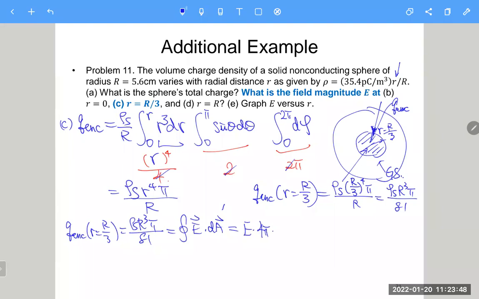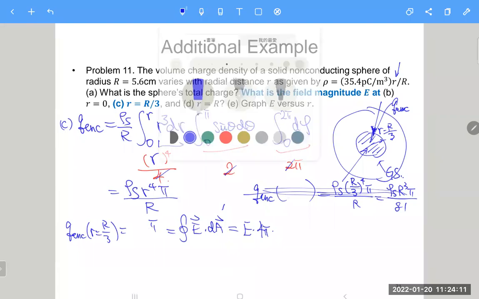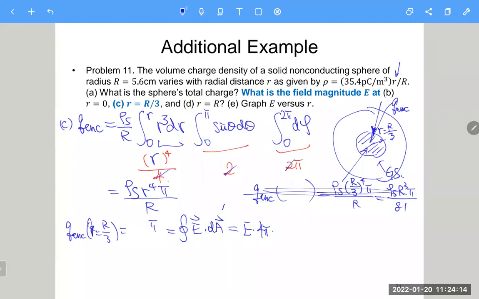At this moment we can still keep small r, so I still keep this as rho s r to the fourth power pi over capital R, which equals E times 4 pi r squared over epsilon naught.